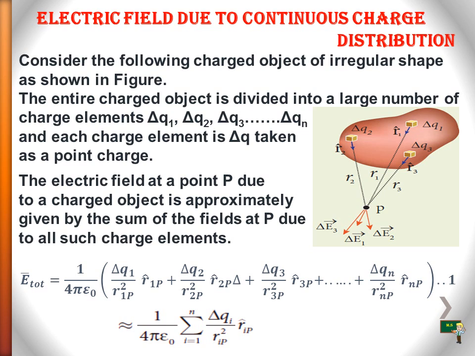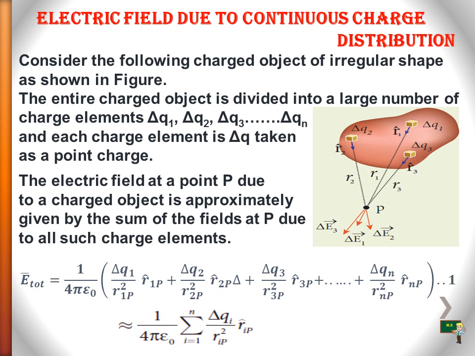Now E total vector is equal to 1 by 4 pi epsilon naught del Q1. In the last lesson on point charges we did not use the letter del, but here del is used because of the collection of charges.